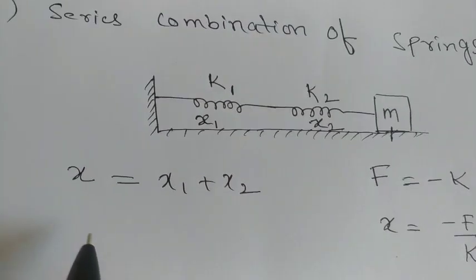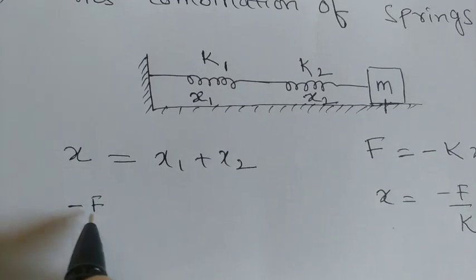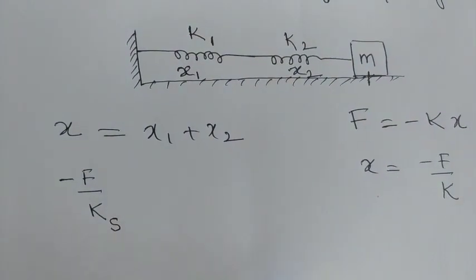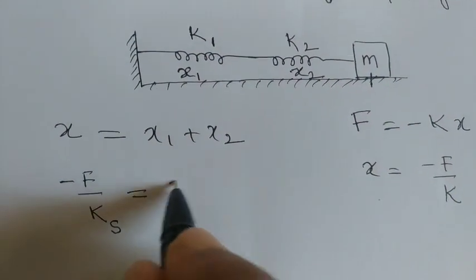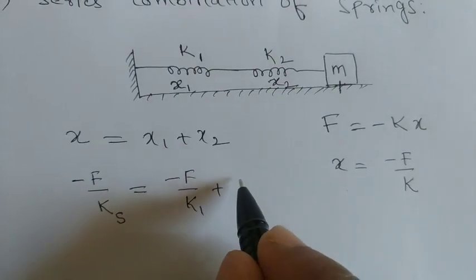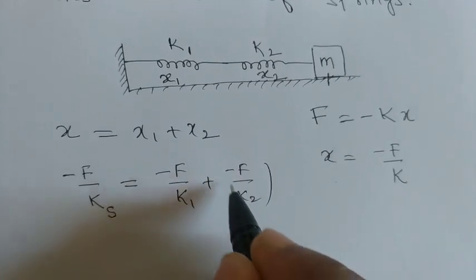So the extension can be written in terms of force, and the resultant spring constant in series combination is taken as ks. x1 is -F/k1, and x2 is -F/k2.